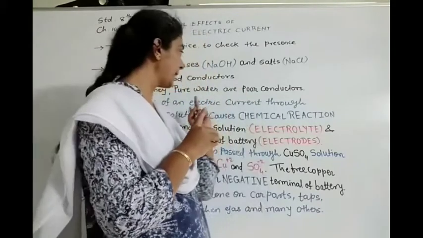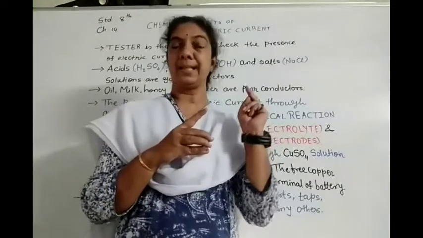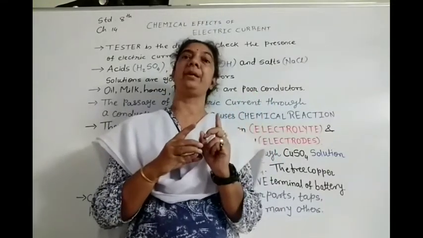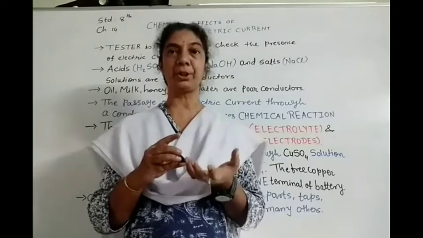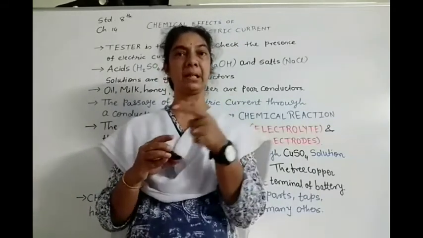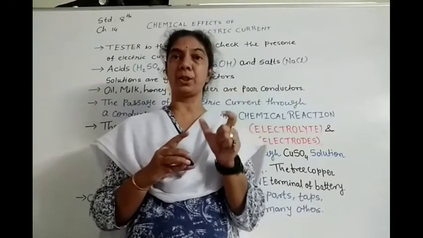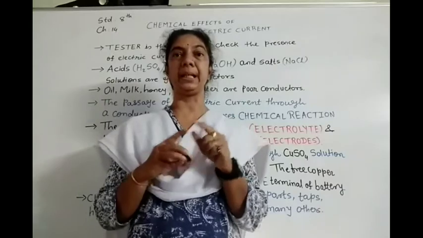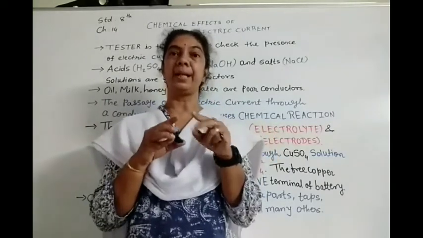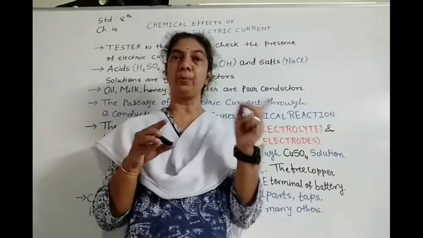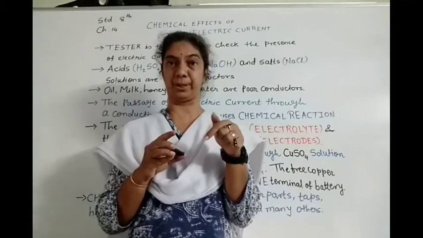So why does this chemical reaction occur? The answer is that whenever we have any compound or chemical in an aqueous solution and we pass current through it, the compound, as I said, CuSO4 or NaCl, dissociates and is divided into positive and negative charges inside the solution.